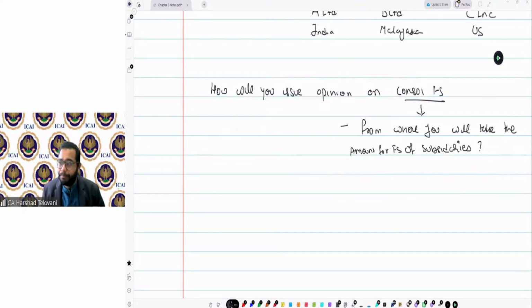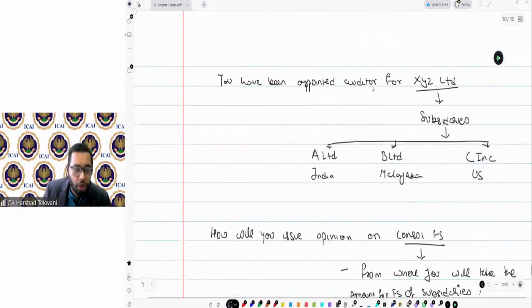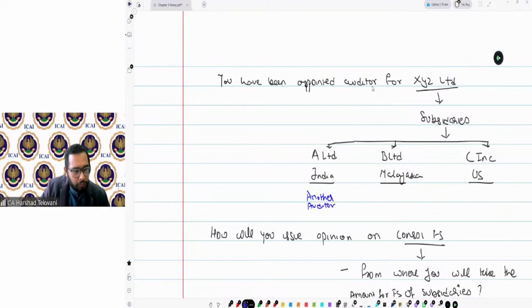Very good, Charu. If another auditor is appointed for a subsidiary, then the separate FS is prepared by that other auditor. So I may go to the other auditor of these subsidiaries.